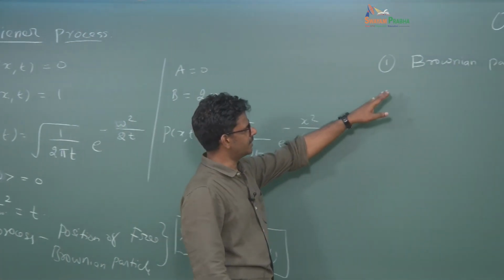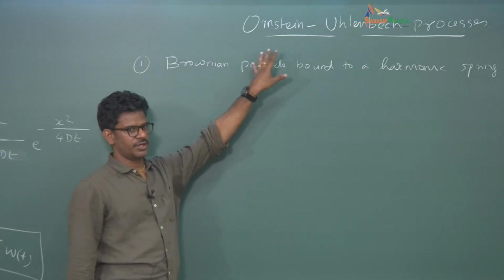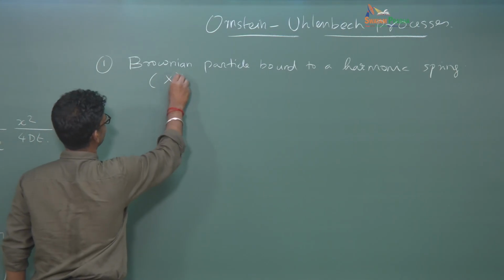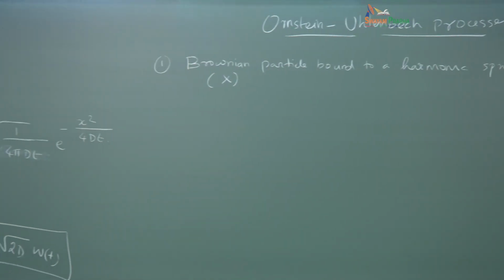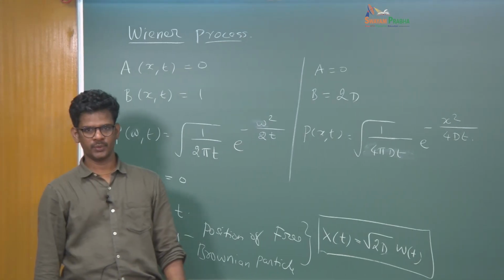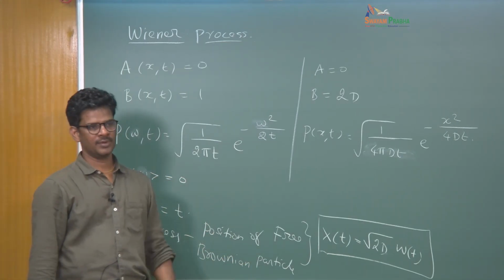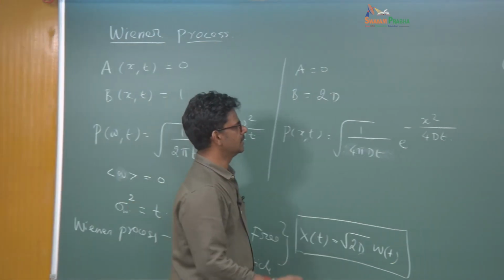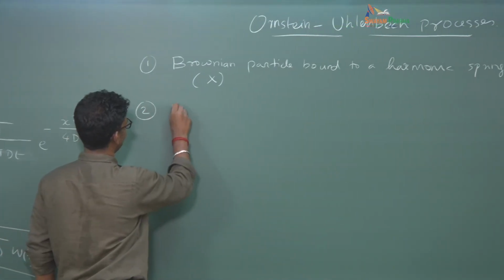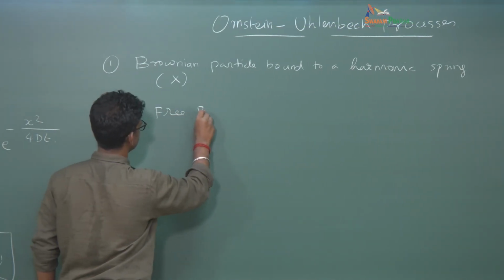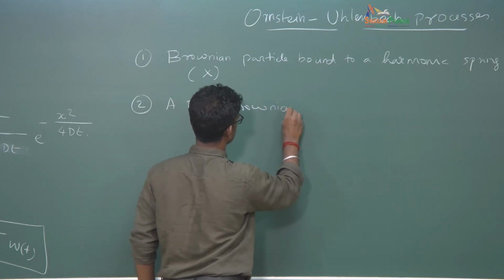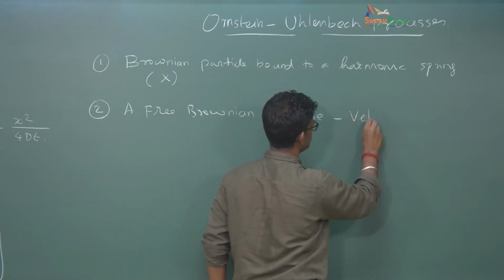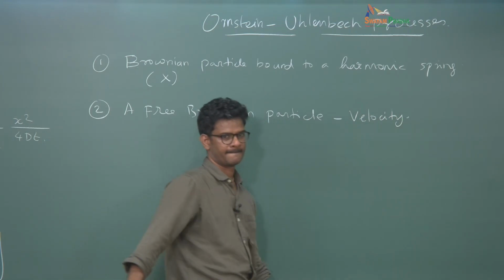Okay, so now you may have another system where you are thinking about a Brownian particle which is bound to a harmonic spring, and you are interested in the position of the Brownian particle. We looked at this problem in the context of Langevin equation before. Now we are actually looking at the same problem from the Fokker-Planck or the continuous Markov process standpoint. The second case is a free Brownian particle whose velocity is of interest to us, right?